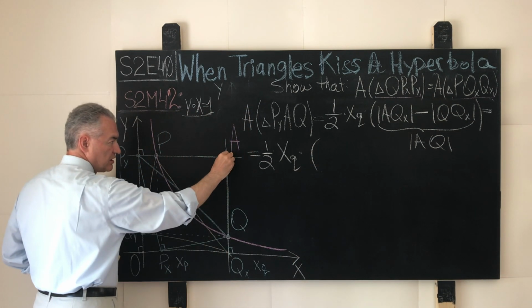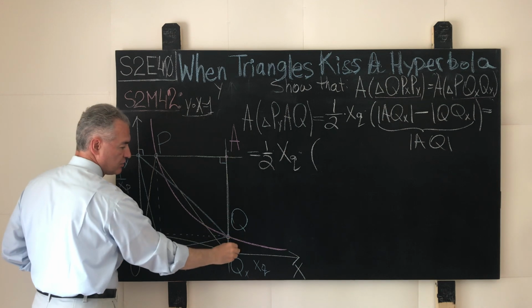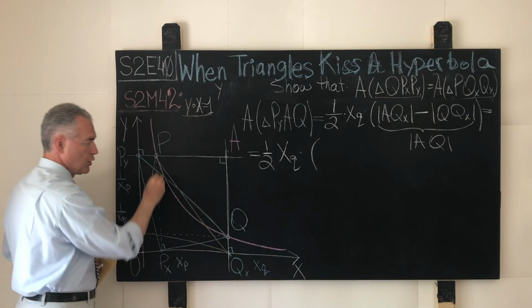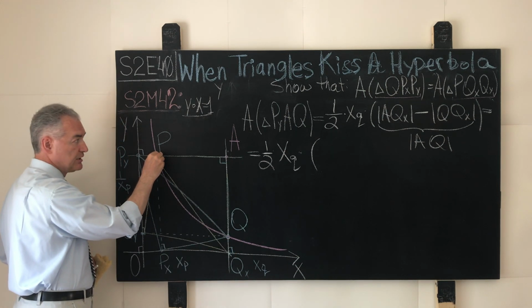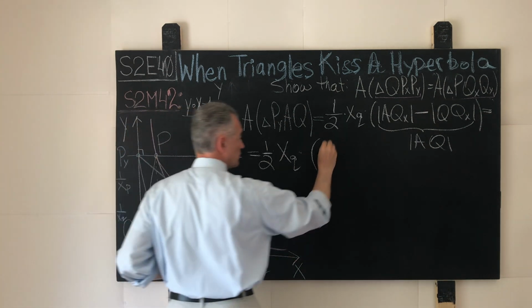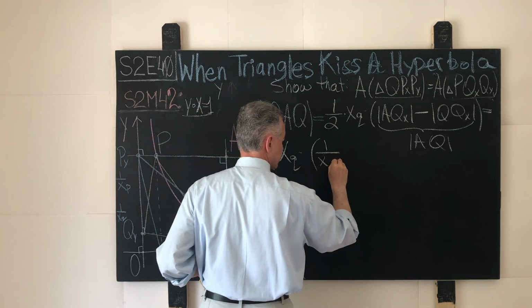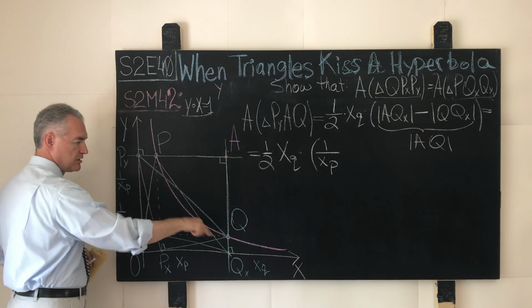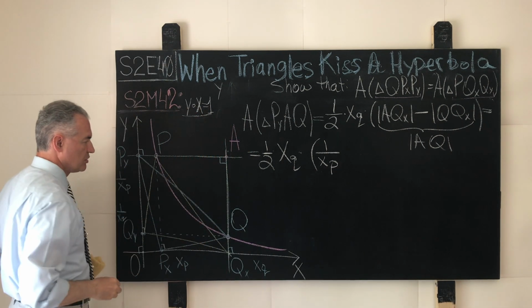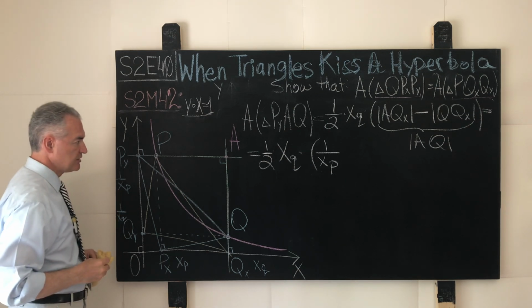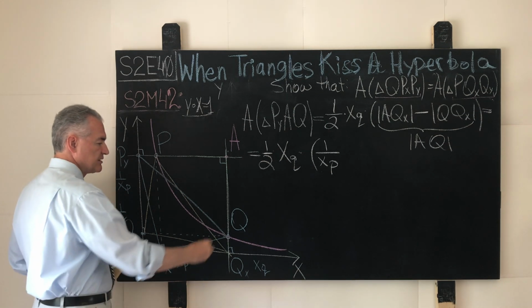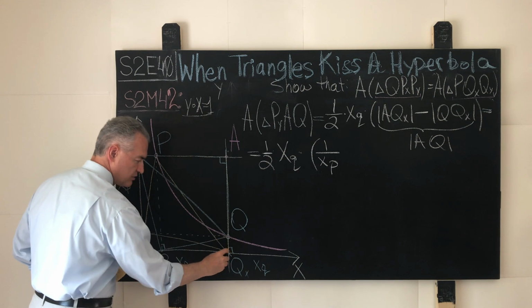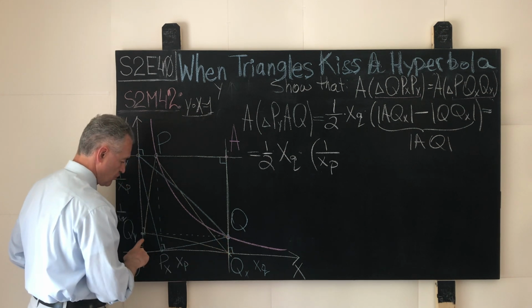What is the length of the line segment AQx? This is the y coordinate of the point P, so it's 1 over xp, this time with the plus sign because we work in the first quadrant. All the real numbers involved are positive, minus the length of the line segment QxQ, which is what?